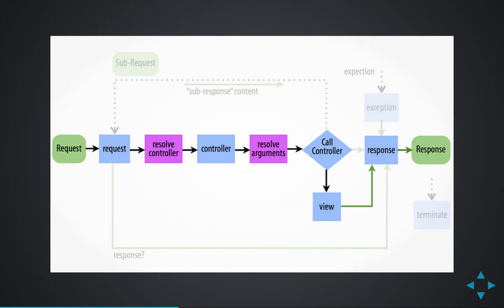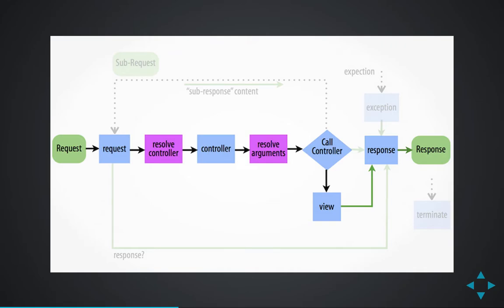And this is the diagram that Symfony provides for it. So on the left-hand side, we have the request. On the right-hand side, we have the response. And the blue rectangles are request, controller, view, and response. All of those are the events that we triggered. And as you can see, first we trigger the request event. Then we figure out which controller to load. Then we trigger a controller event to still allow it to be modified. We figure out which arguments to pass into the controller.